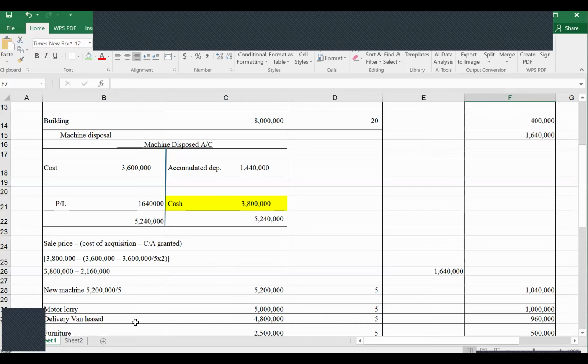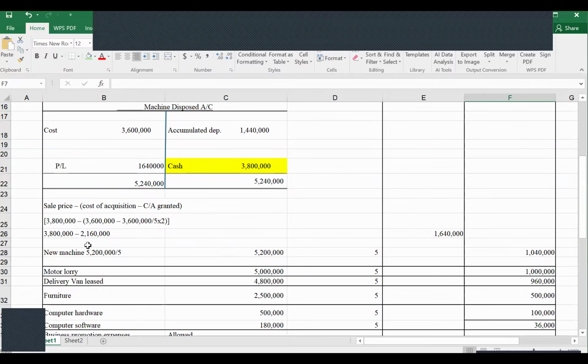Then we can calculate the gain on that disposal by deducting the written down value of that machine. So it is 2,160,000. The gain on that disposal is 1.6 million.